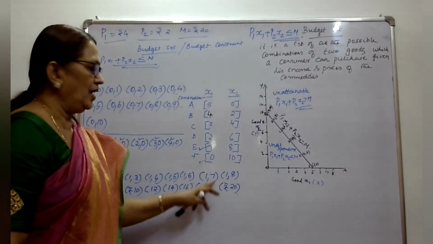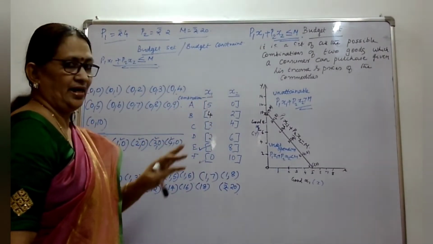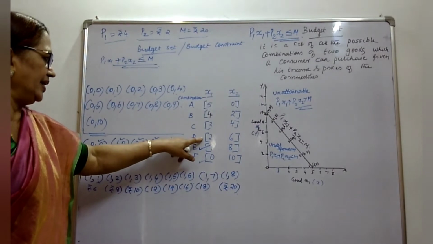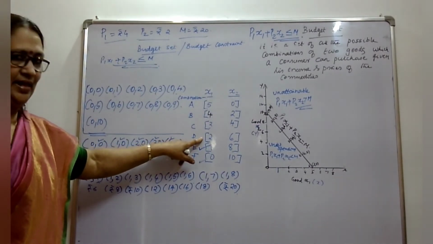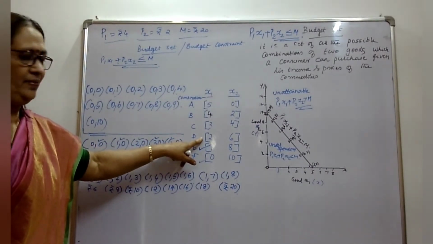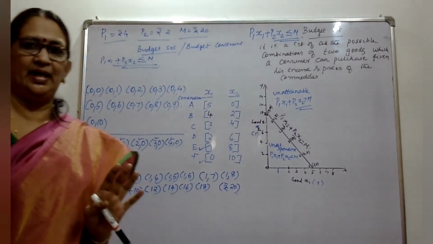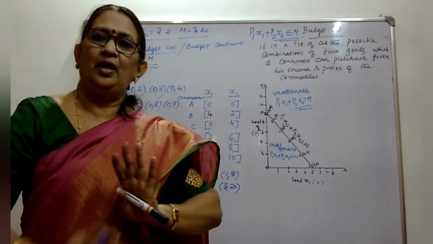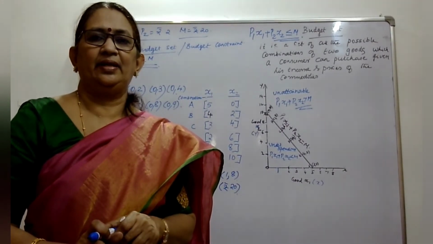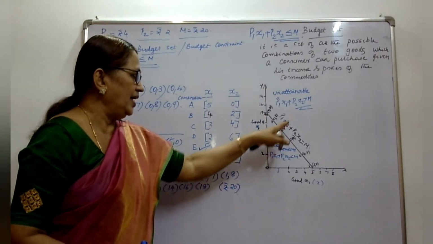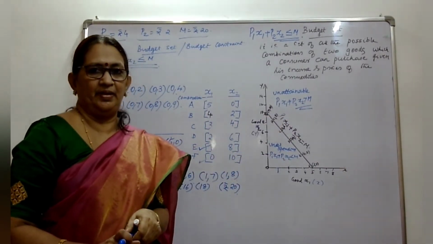This is the way all the budget sets are derived. If you check, you will get the bundle 2, 6 in the next calculation, then 3, 4, 4, 2, 5, 0, and you will see that the budget set contains all the bundles which are less than income and equal to income. Less than income is underspending and this area is unattainable.